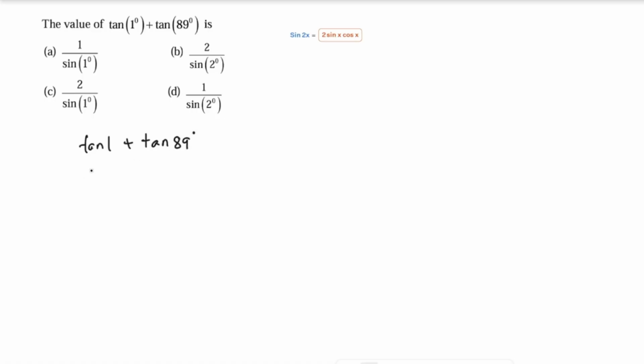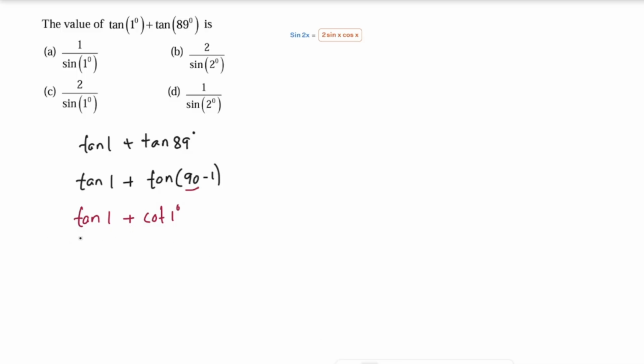Tan 89 degree can be taken as tan of 90 minus 1, right? So tan 1 plus tan of 90 minus 1. Now you all know that when it comes to 90, it changes to the cofunction. So tan 1 plus cot 1 degree. Since it was 90 degrees, it changed to cot.